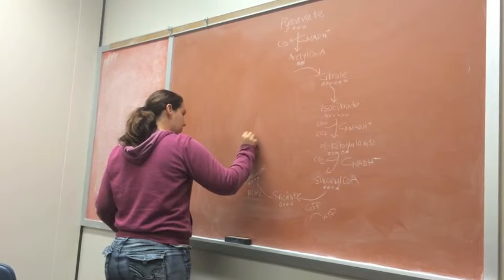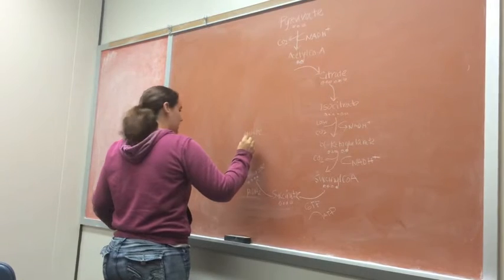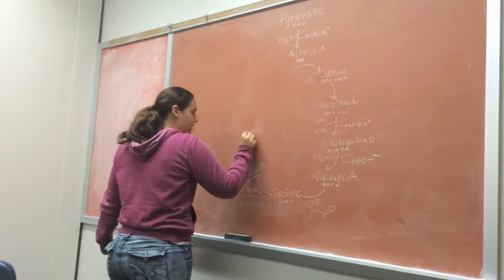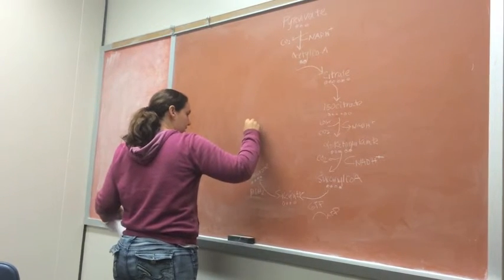And then it goes from fumarate to malate, and stays at 4 carbons, and loses and gains nothing in this stage.